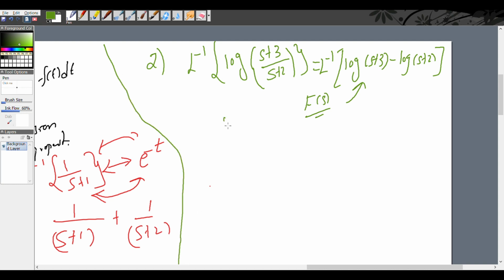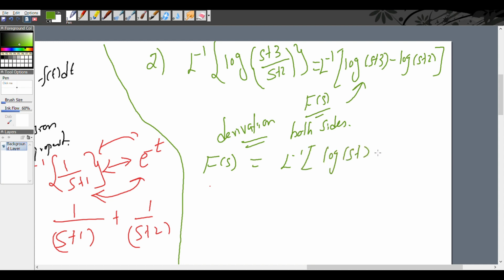So what we will do is we will apply a trick actually here. Take the derivative of this particular equation. നമ്മൾ derivative എടുക്കണം on both the sides. So what will happen? This is f of s, L inverse. So this is the question. I am writing it one more time. Log of (s plus 3) minus log of (s plus 2), right?